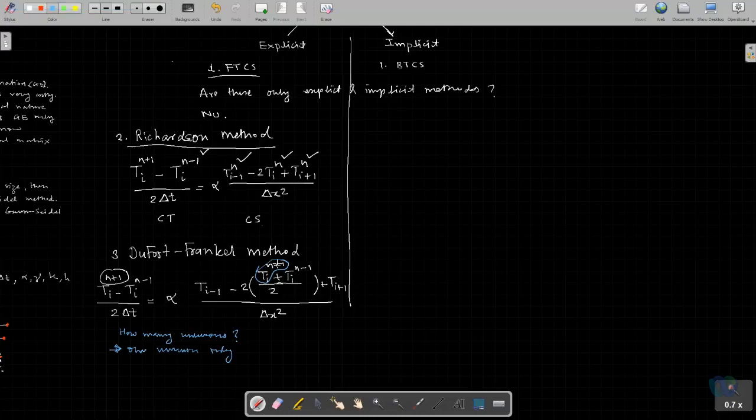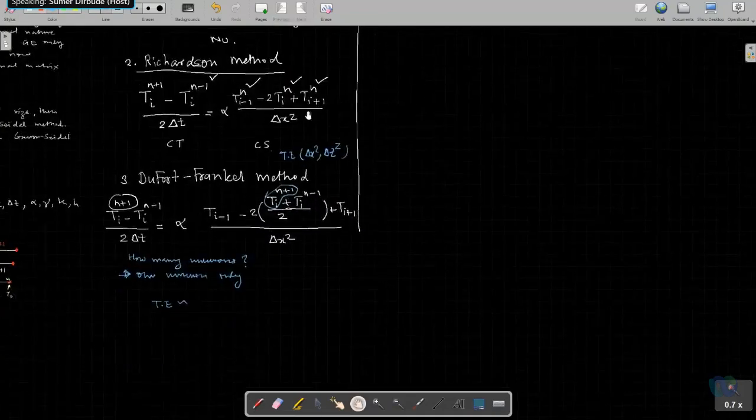Now the Richardson method has a truncation error of the order of delta x squared and delta t squared, because all are central differences. You should know this and be in a position to prove it using Taylor series. It may be asked in the exams.